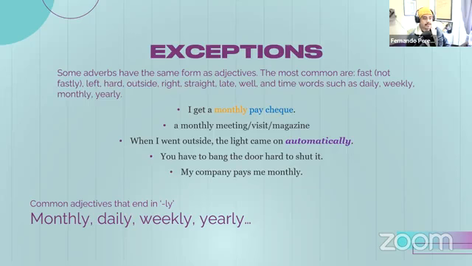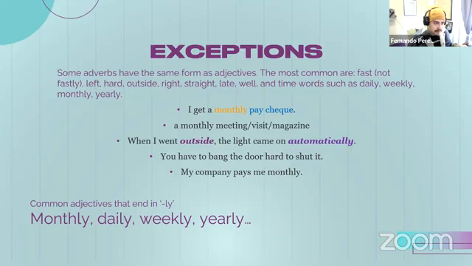Oh, okay. No, it's a word outside. Automatically is an adverb. It's very easy to understand it because it ends in ly. But outside is an adverb too. And it's not necessary to say outside with ly. Check this out.